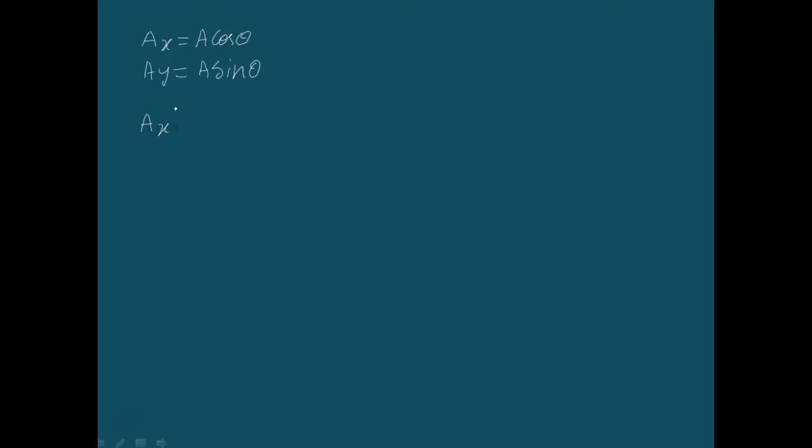Squaring and adding, we get ax square plus ay square is equal to a square cos square theta plus a square sin square theta, isn't it?